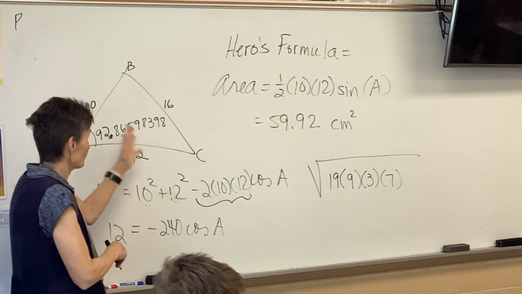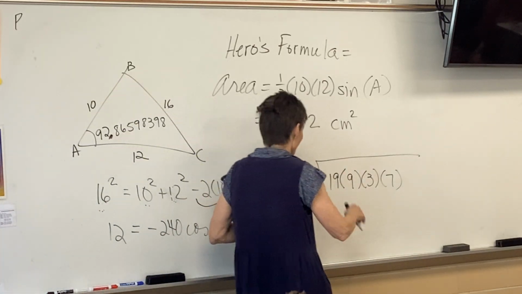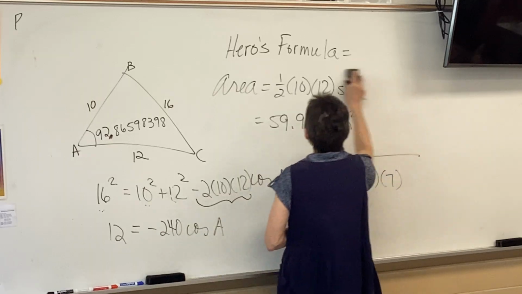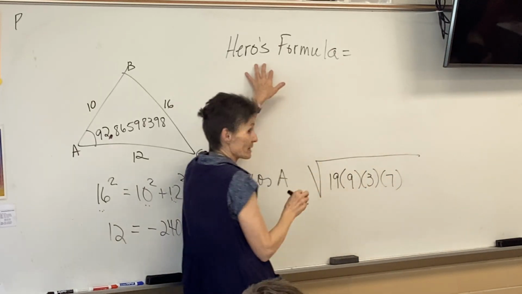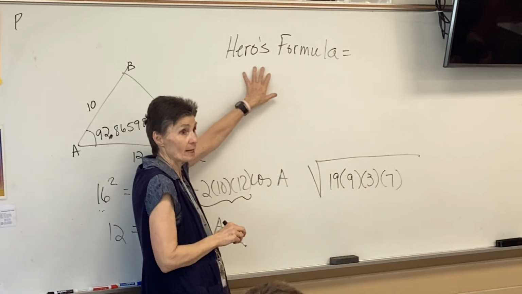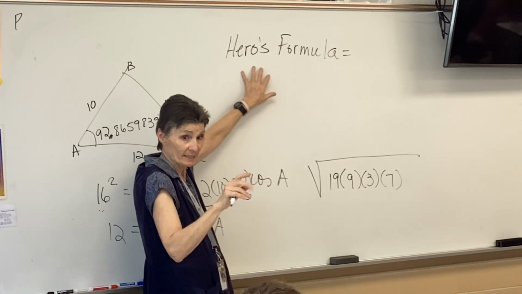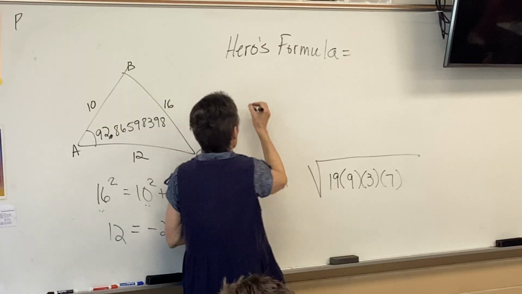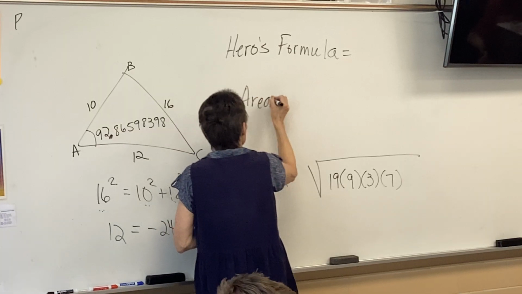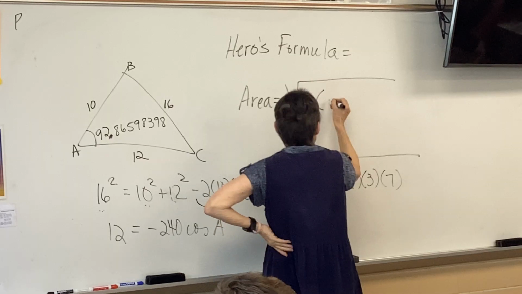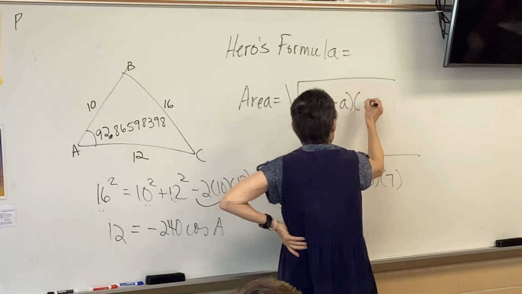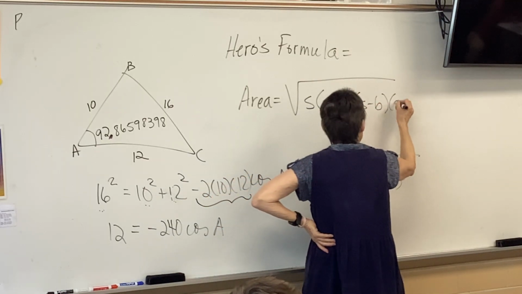But if you have all 3 sides, Hero's formula says this. Actually, his name was Heron of Alexandria, but it got abbreviated along the way to Hero. So area is the square root of S times S minus A, S minus B, S minus C.